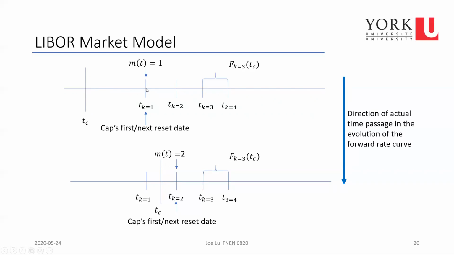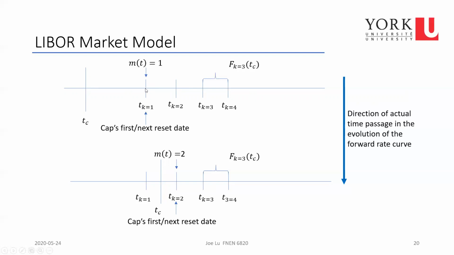This is the first point. From here to here is really the current interest rate, but from here to here is the forward rate between this period, okay? And tk equal to 1 time out.